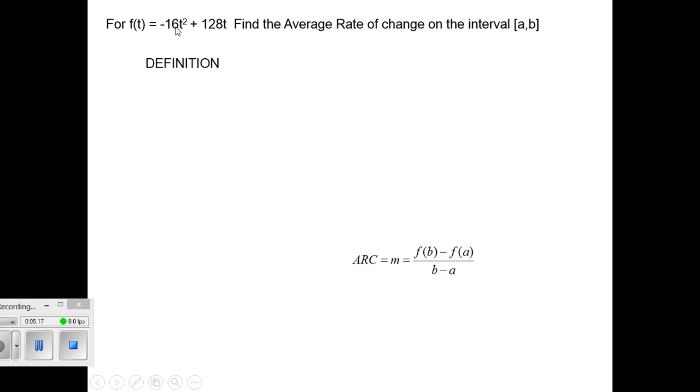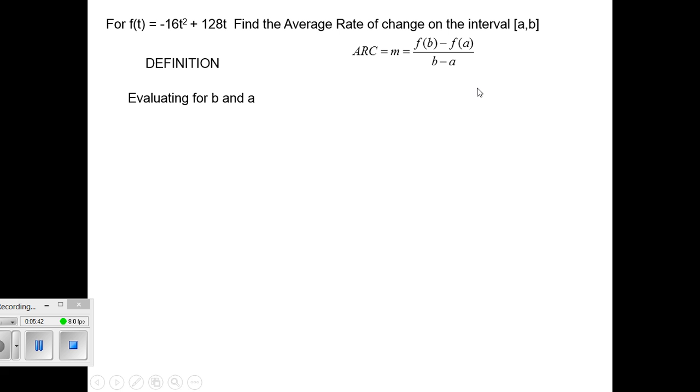So again, by definition, our average rate of change is as stated here: f of b minus f of a over b minus a. And in this instance, it means going back and just replacing the t value with a b, and then replacing with an a and taking their difference.